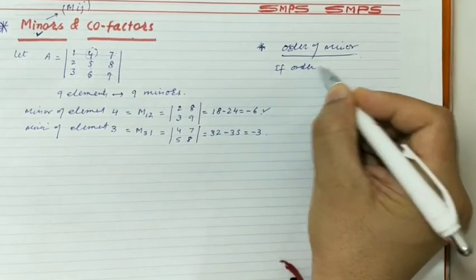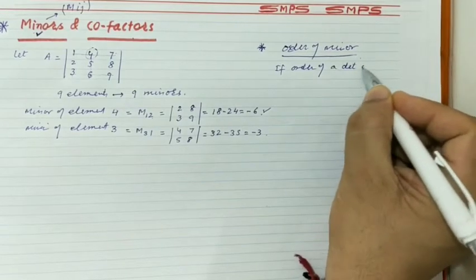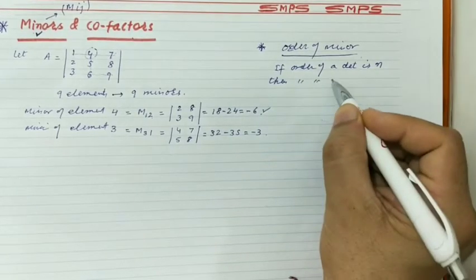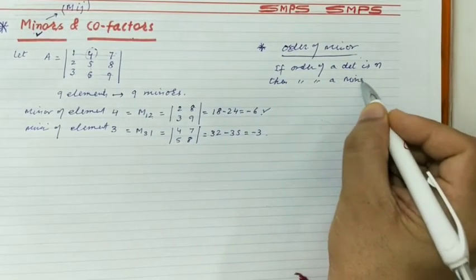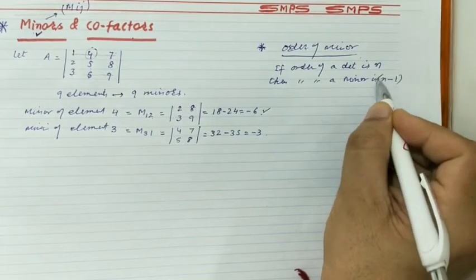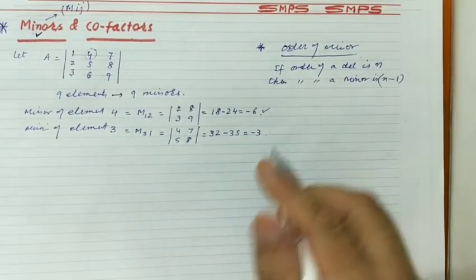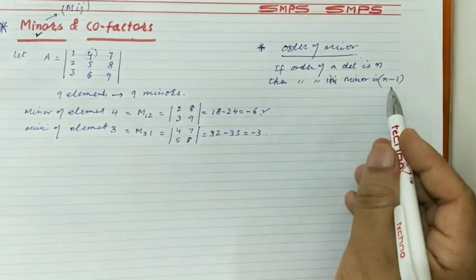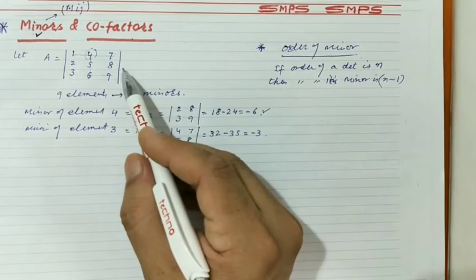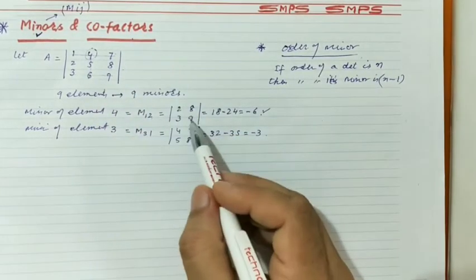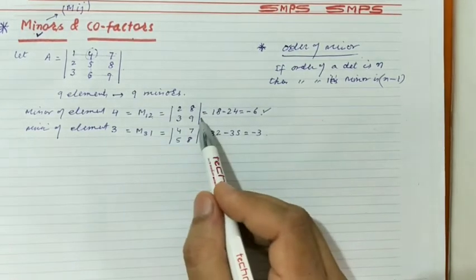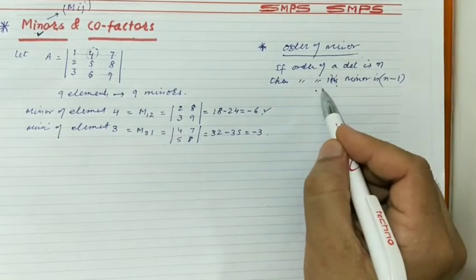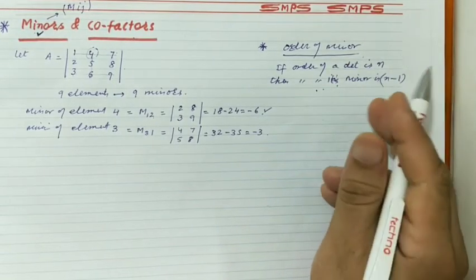If the order of a determinant is n, then the order of its minor is n minus 1. Look here, what's the order of this determinant? 3. What's the order of the minor? 2, isn't it? So always remember this logic. This question may be asked in the exam for 1 mark.